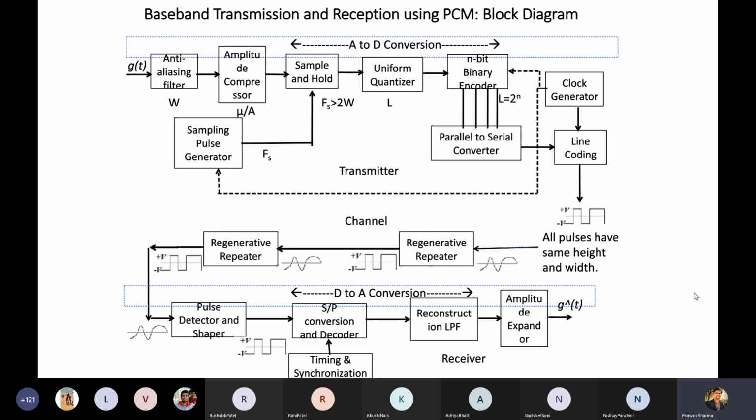So when the signal is transmitted over the channel, in this example say it is fiber optics, because of the nature of the channel, the signal after a long distance changes its shape. That is distortion.